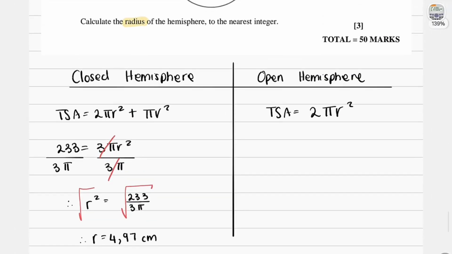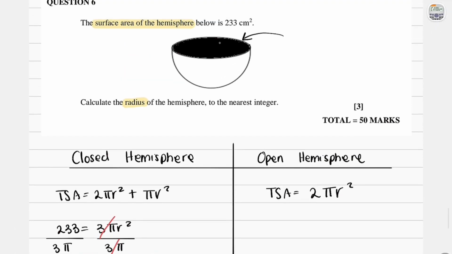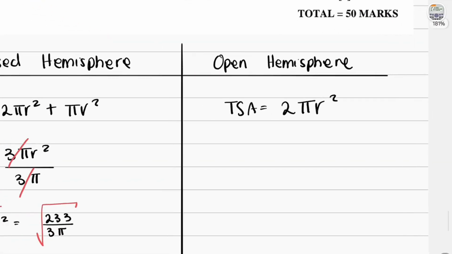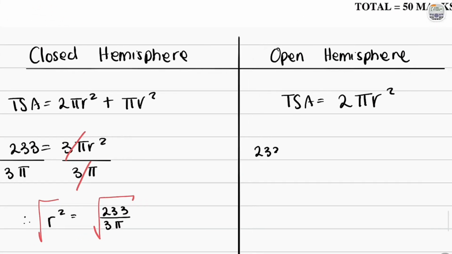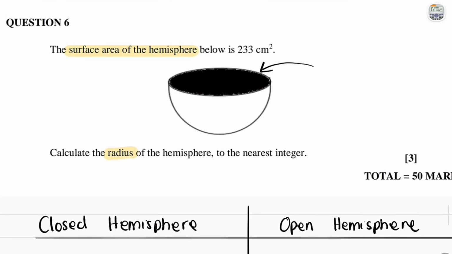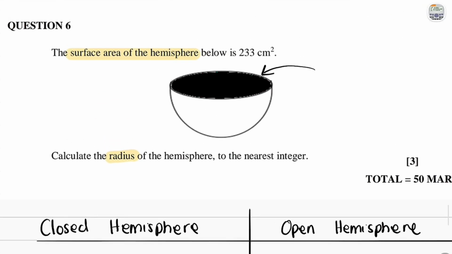Now, in the case that it was actually an open hemisphere where this is not included, it would simply be 2 pi r squared. And so for this, we would say 233 equals 2 pi r squared. You see, the thing is, had they left it in the same color, then I would already say they clearly mean that this part is included. But they didn't, so I'm not sure.